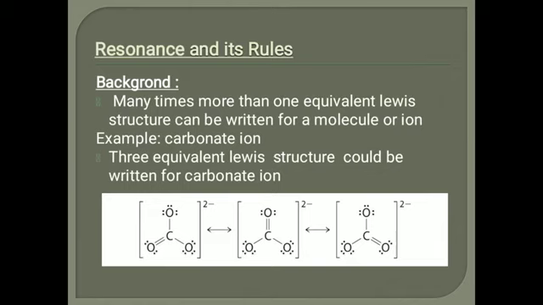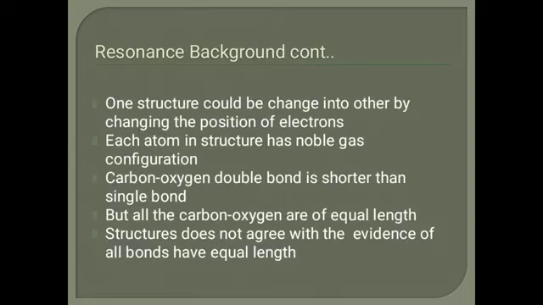For example, the carbonate ion. Three equivalent Lewis structures could be written for the carbonate ion, and these are the three Lewis structures of the carbonate ion, in which there is the delocalization of electrons, meaning the shifting of electrons is occurring.